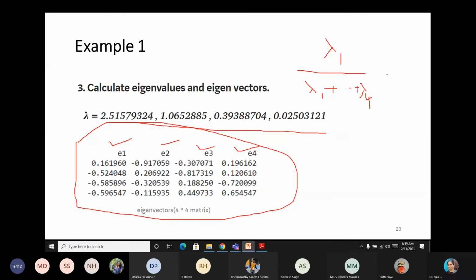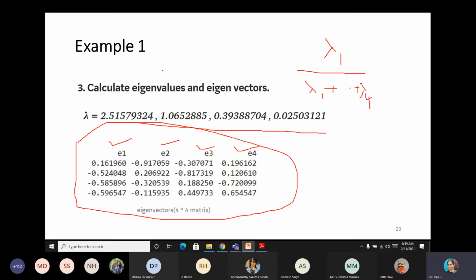Okay, fine. So can you calculate that? It is 2.5157 plus 1.0652 plus 0.39388 plus 0.025, which is 3.99. I can keep it as 4.